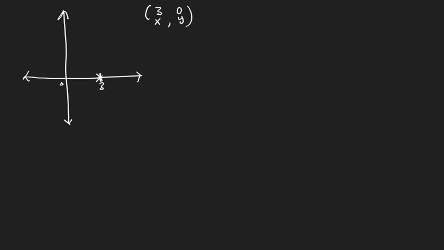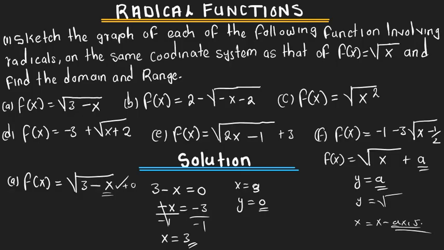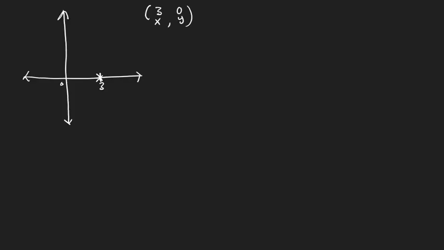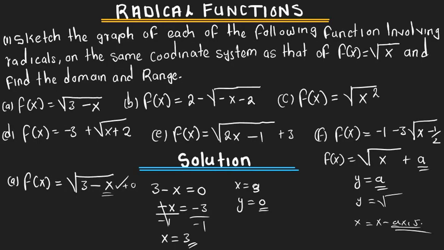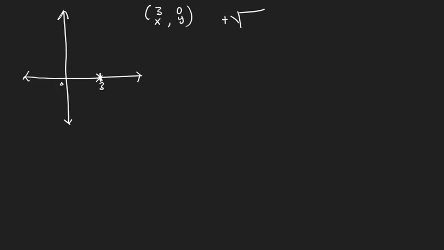But how is my graph going to be like? Since the radical is positive, we have a positive radical. It's positive, but our x is negative. The radical is represented by y, and x is representing the x axis.